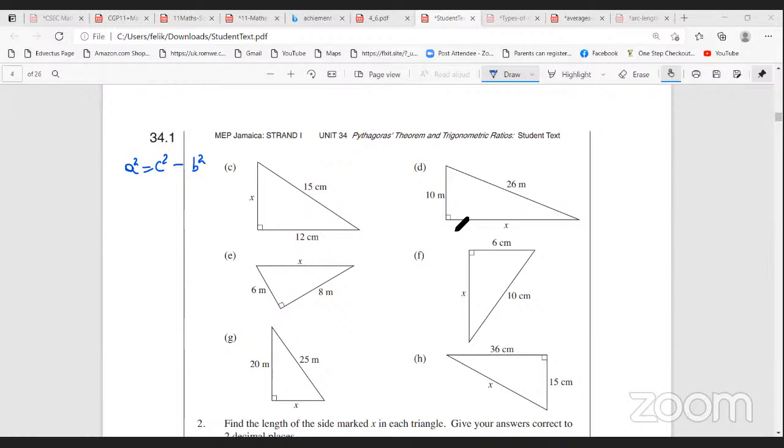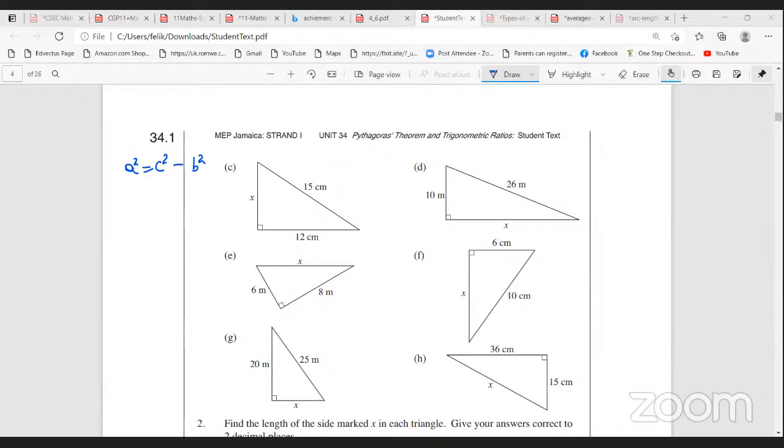Square root that. Okay, now. All right. Let's try the formula finally.